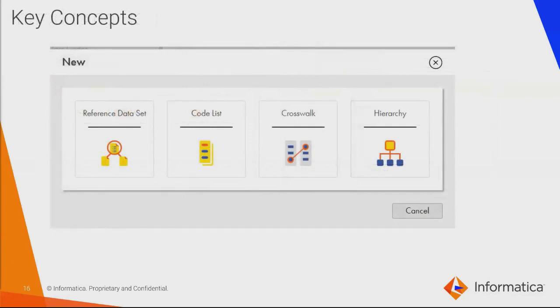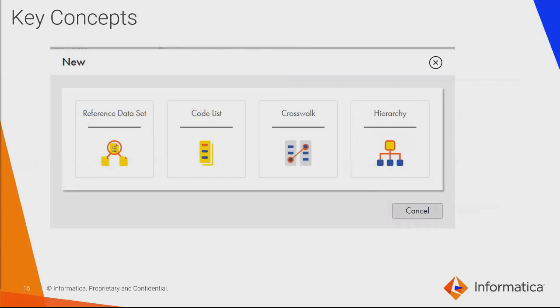Depending on the user privileges, create reference data sets to categorize the reference data in your organization. Reference data sets contain code lists, and code lists contain code values that you can create or import from a source application. You can create code lists in reference data sets.